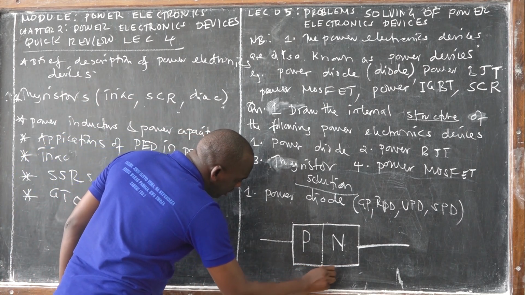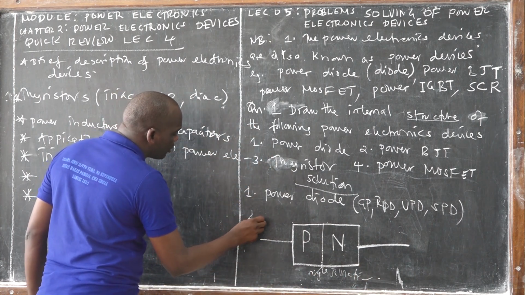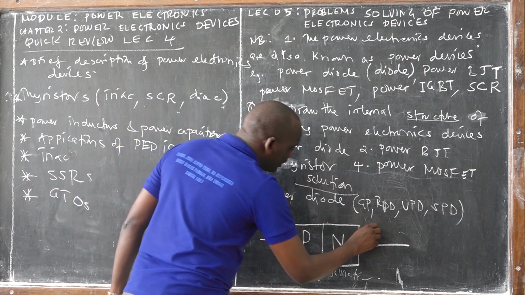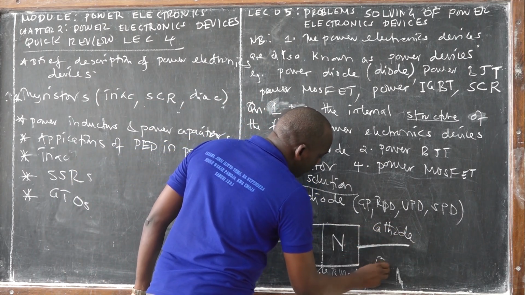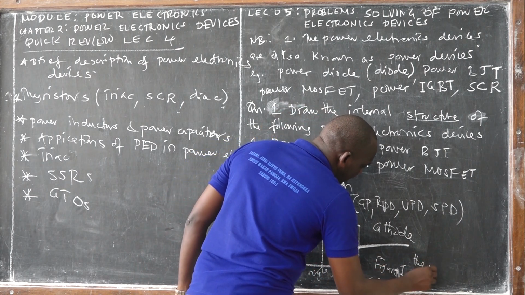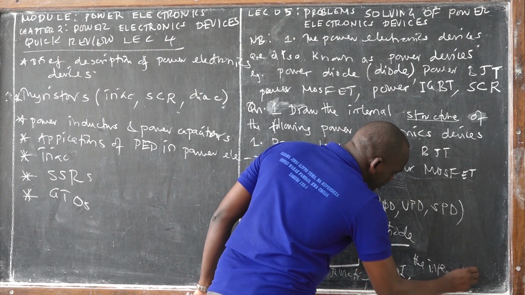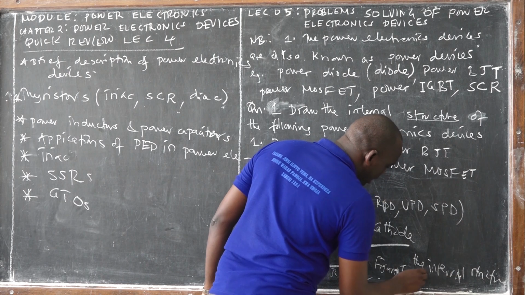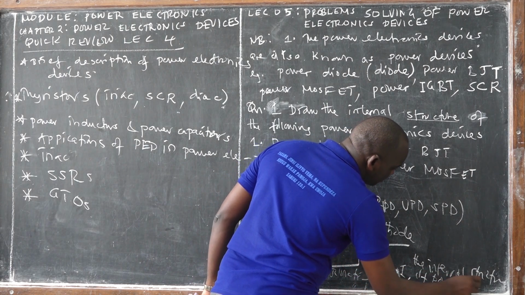This terminal we call the anode, and this one we call the cathode. Because it's a figure, we give it a number: Figure 1, the internal structure of a power diode.